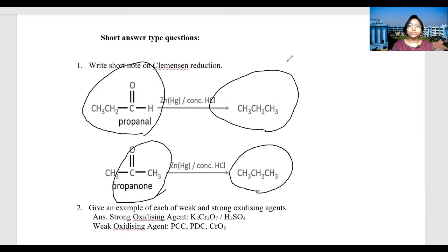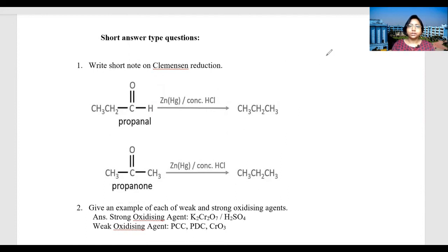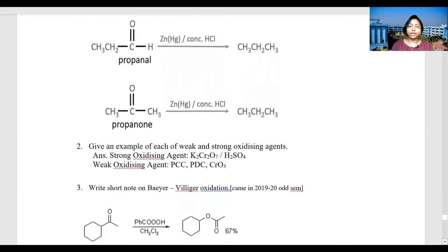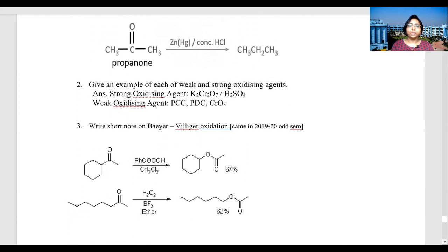The next question is: give an example each of weak and strong oxidizing agents. So for the strong oxidizing agent, you can give the example K2Cr2O7 or H2SO4. Let me show properly.